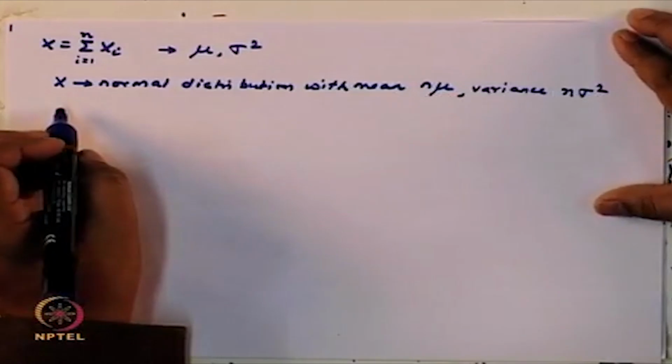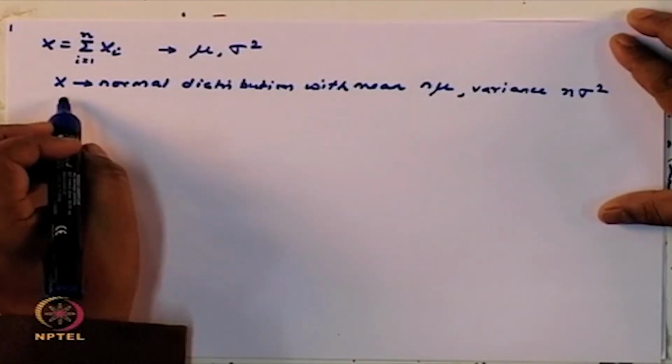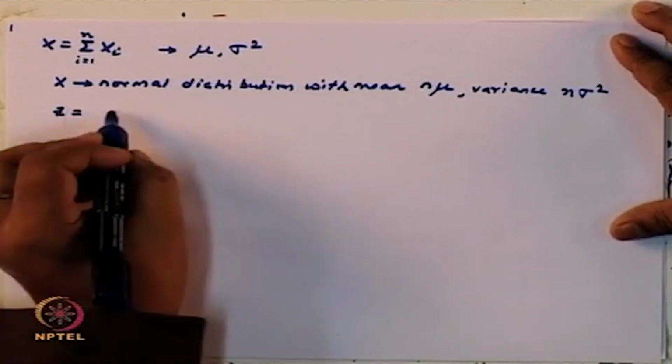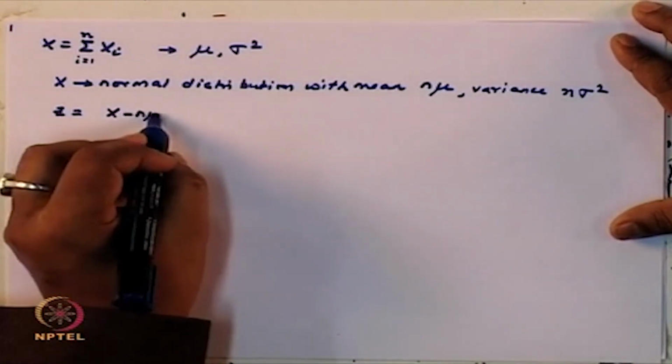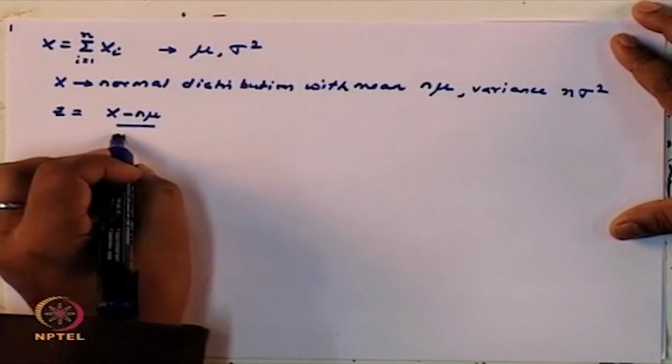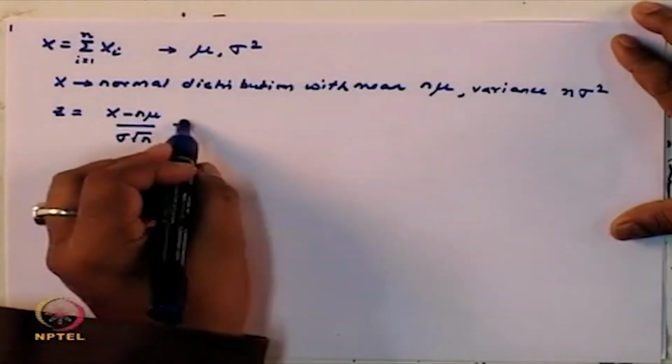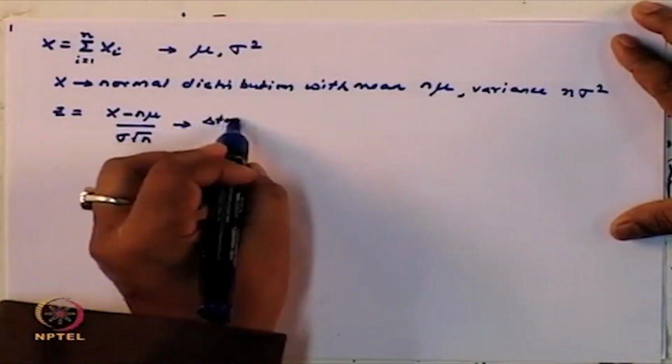We can also convert this normal variable by defining Z as (X minus n mu) by (sigma root n).